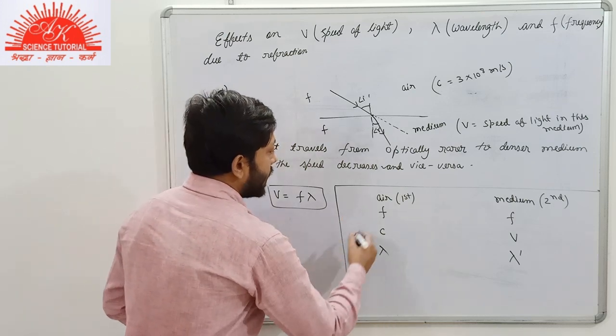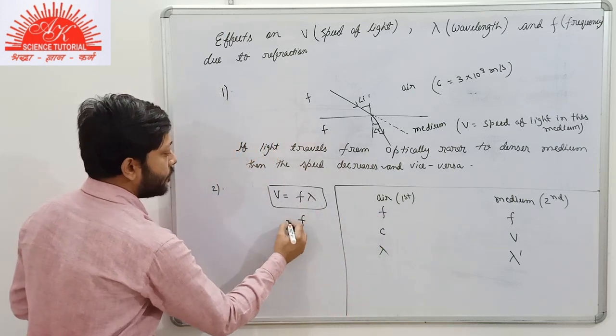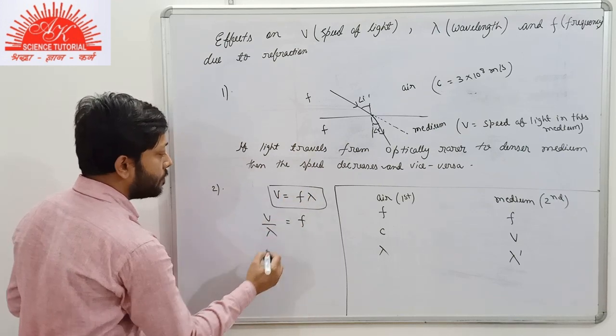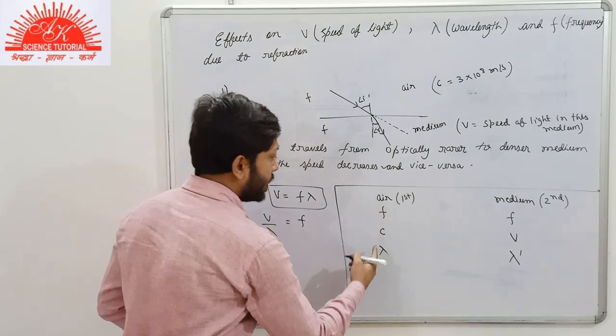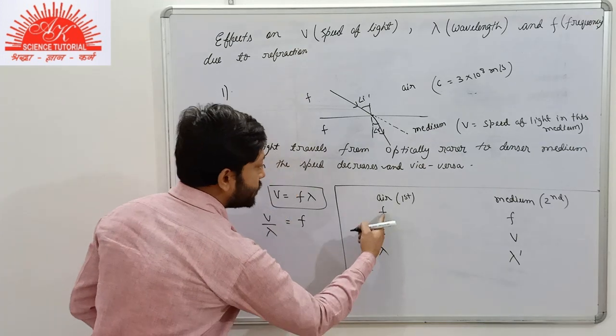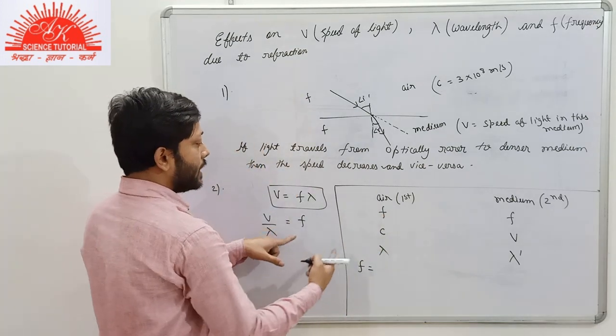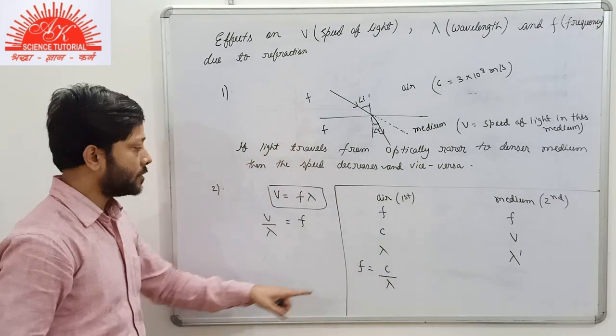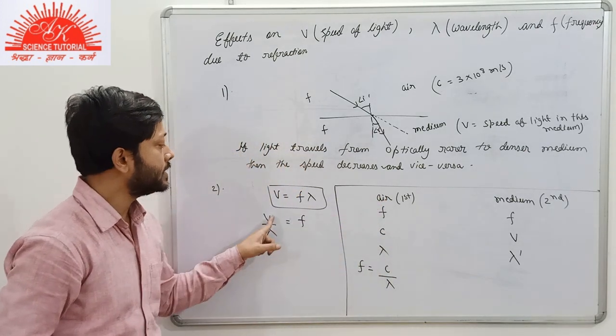What can we do? If we make f the subject, it will be v by lambda. So f is equal to c by lambda, since the speed in air is c.